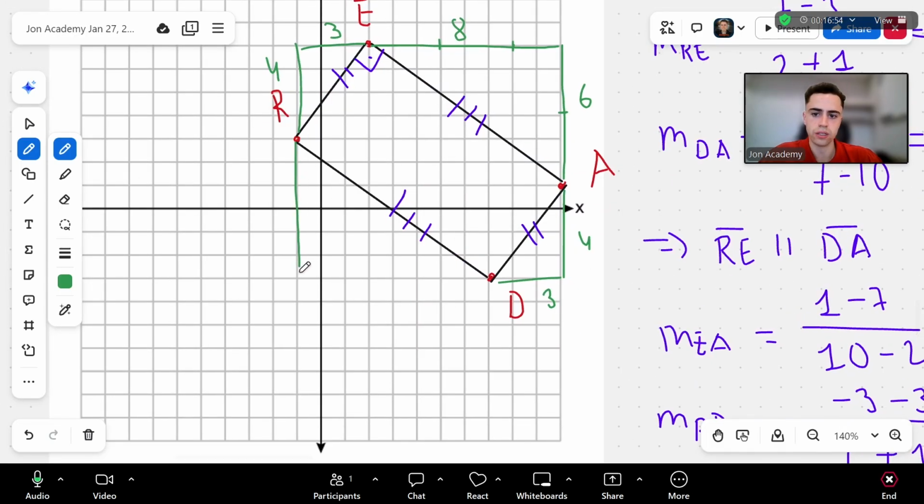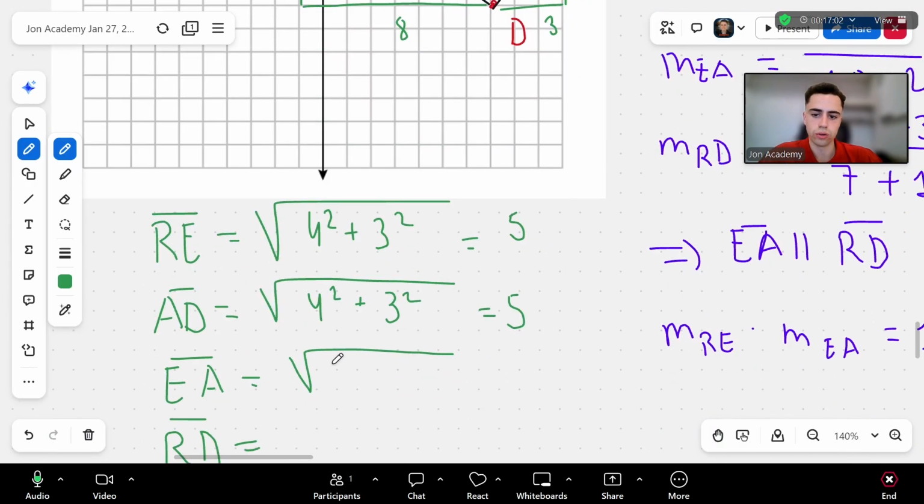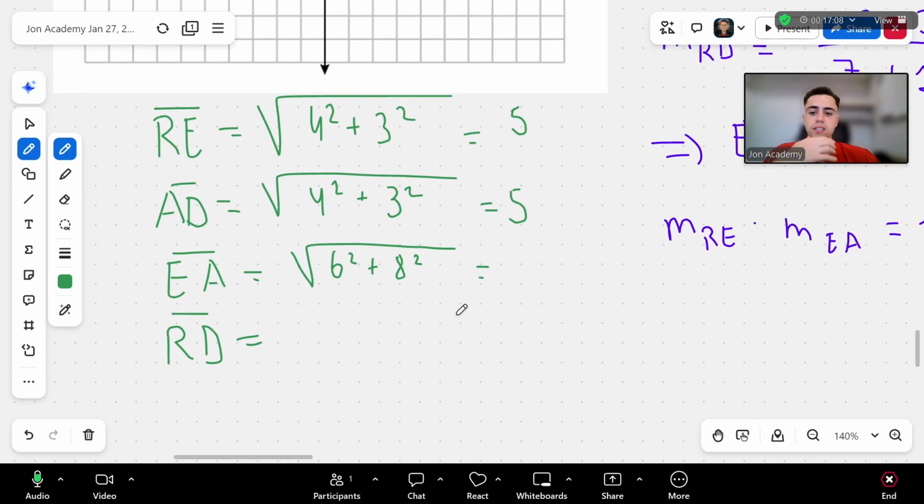And over here, we can check at the same time. This is also 8 and this is also 6. So both are 6 squared plus 8 squared. And that's 36 plus 64, which is square root of 100, which is 10.